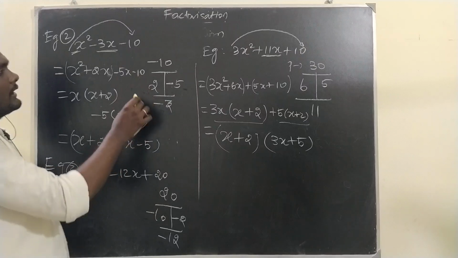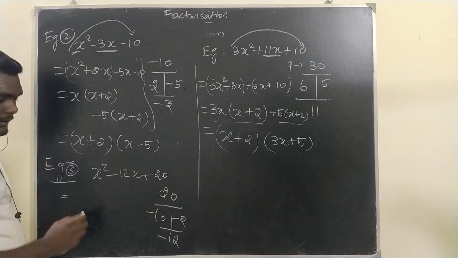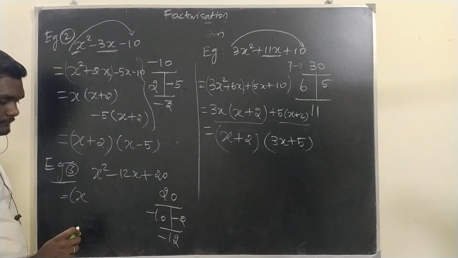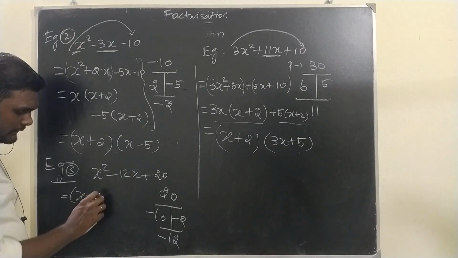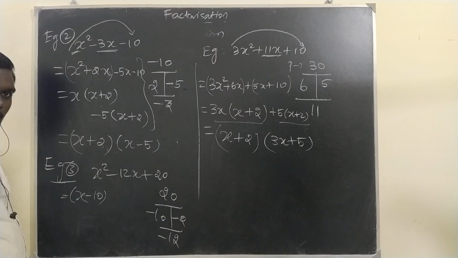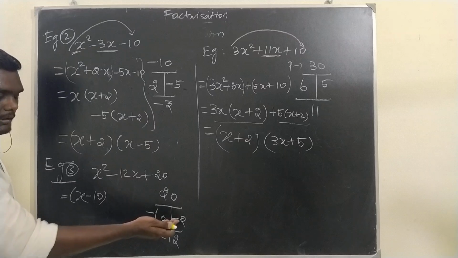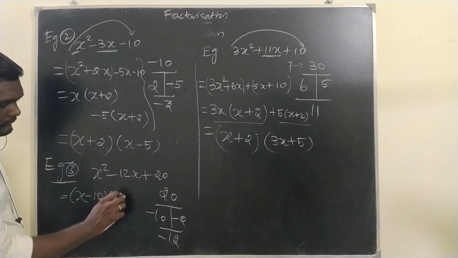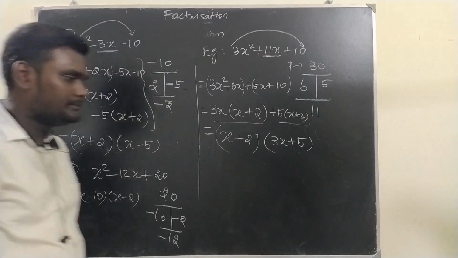Now I am going to skip all these steps. Directly you can write the answer. Guess what the answer is? X minus 2, x minus 10. Next. Yes, that is it. Isn't it that much easy?